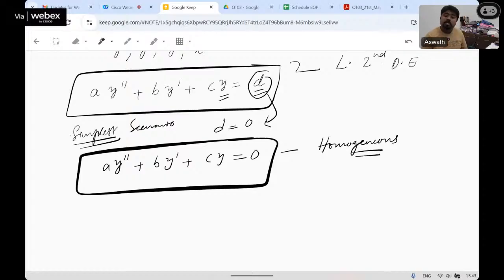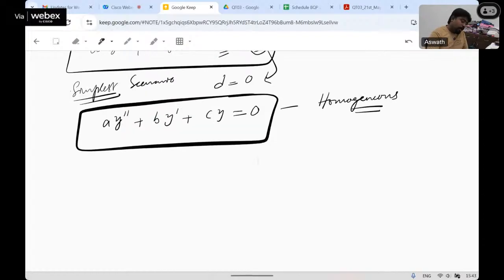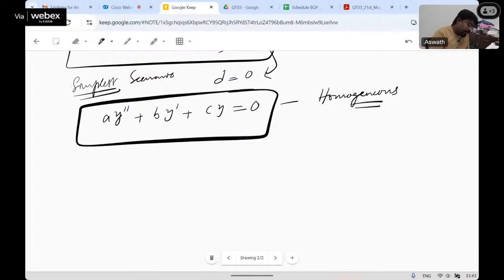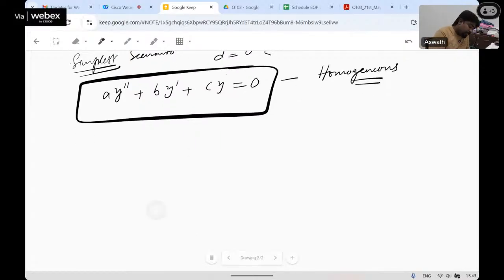Why are they homogeneous? I can directly relate y to y prime, I can directly relate y to y double prime. In a way, they cancel each other. So how do they cancel each other? Let's say I'll introduce a guess function, y of x is equal to exponential rx.